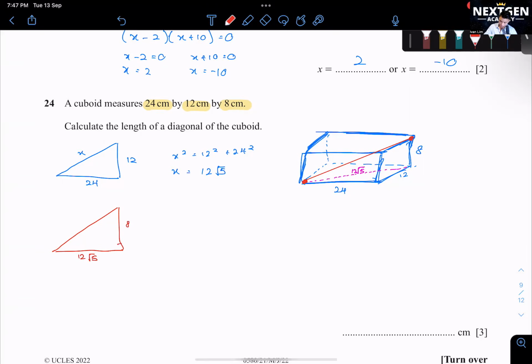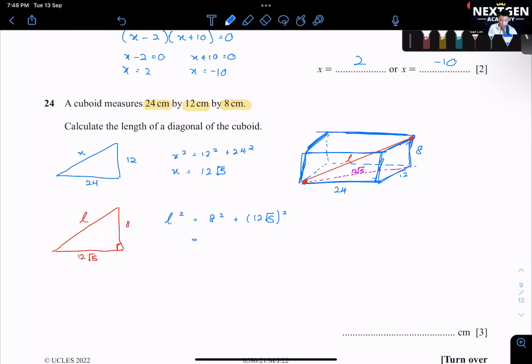This is 8. Okay, for me to get the triangle, so let's say this, we call it L. L squared equals 8 squared plus (12 root 5) squared.